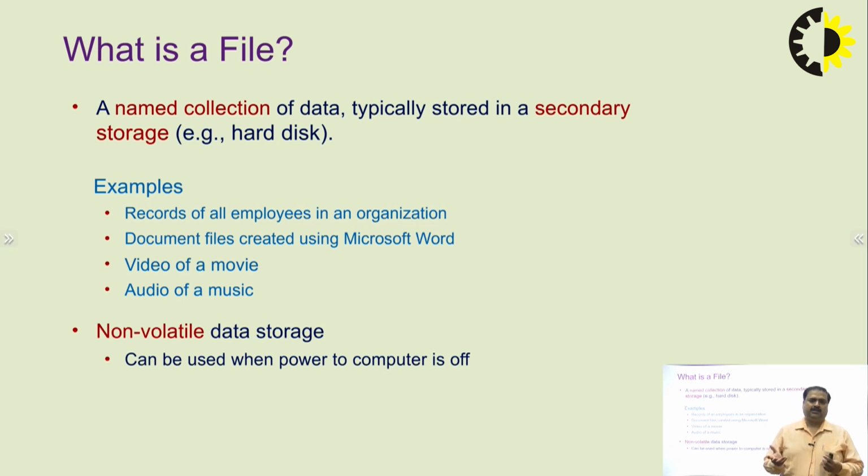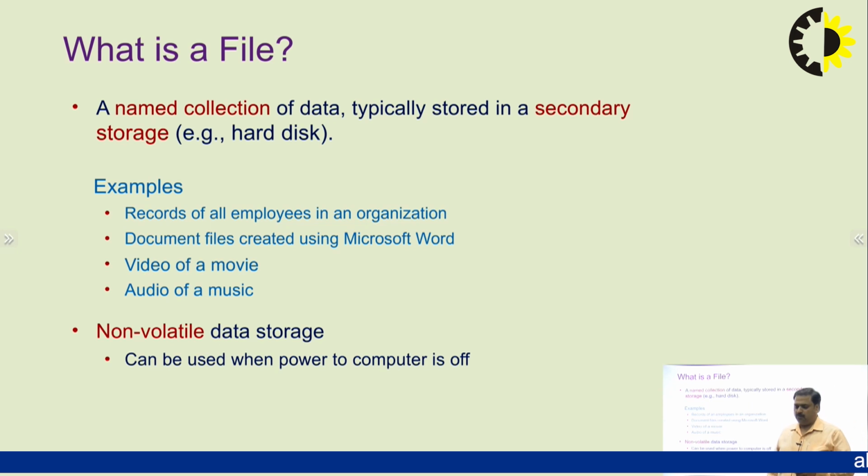So that contains a similar kind of data. For such data, we create a file that is stored in secondary or non-volatile storage. It can be used when the computer is off, and when we use it again, it is still available for further use.